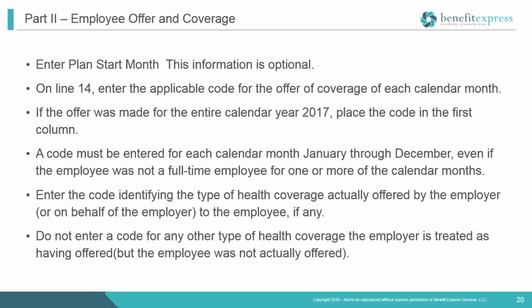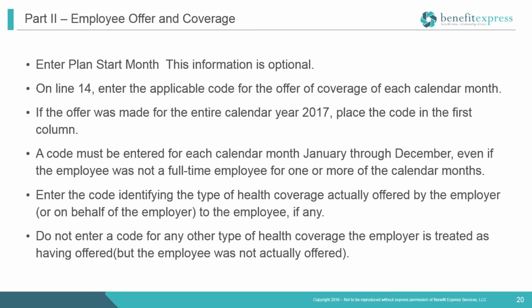And a code must be entered for each calendar month, January through December, even if the employee was not a full-time employee for one or more of the months, and there are codes that indicate that. And you enter the code identifying the type of health coverage actually offered by the employer, not the coverage that they took. So if you offer 3 plans, you want to use the cheapest plan that qualifies.